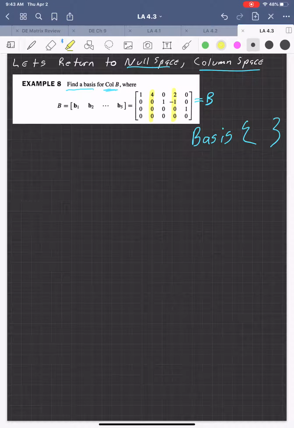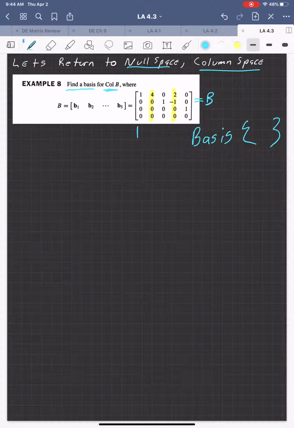You see how that's also a non-pivot column? It's the free variable. Now remember, each column is a vector. Those are the ones that you can throw out when you're dealing with a column space. So you take a matrix, you row reduce your matrix, and then you take any of your columns that are the free variable columns, and you toss those out. Those are not needed.